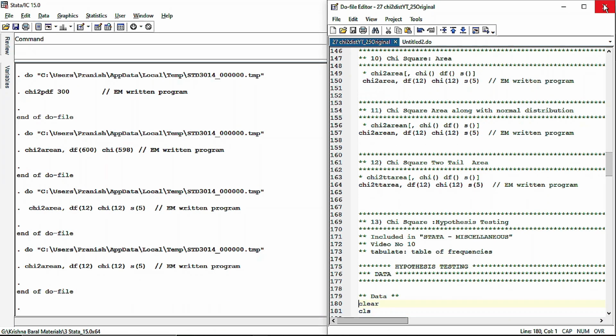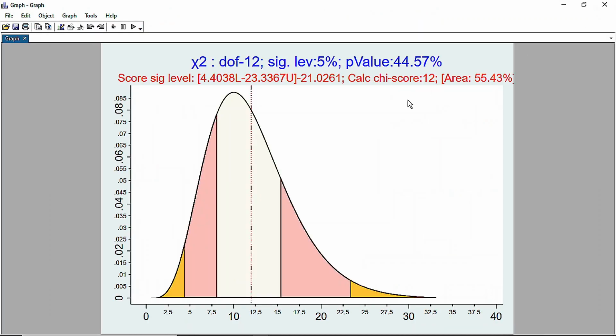Similarly, another program, chi-square two-tail TT area, will depict the two-tail information for the two-tail test, which is very rare in the chi-square distribution. Let us say, so this is the left. The area marked by yellow represents 2.5% of the area, and on the right, marked by yellow, it represents 2.5% of the area, and when we add it up, it is equal to the alpha value, that is 5%.